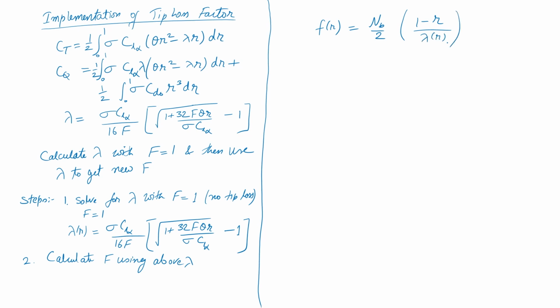So, I can keep it like this. Then use this to calculate my capital F as a function of r, which is 2 by pi cos inverse of exponential to the power minus f. Okay, so we have formula 1, formula 2, formula 3.